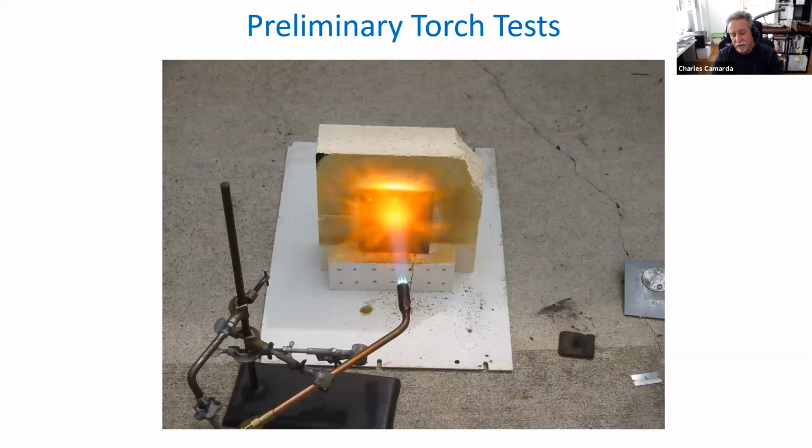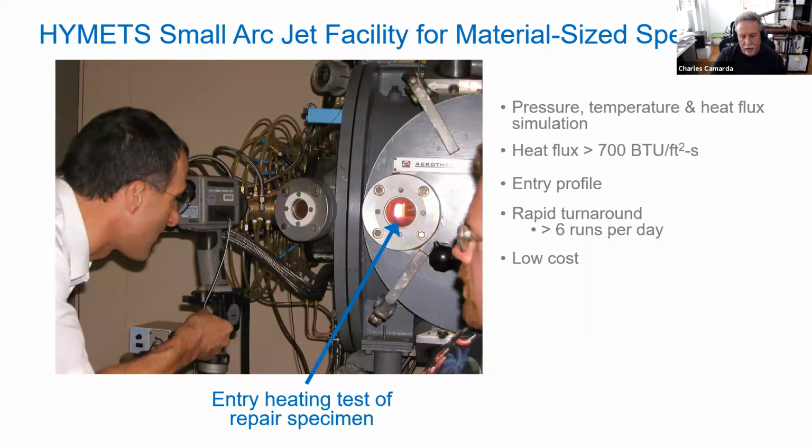We tested it using an acetylene torch, and we had an IR camera, so we knew what temperatures we were testing to. Okay, then we stepped up that idea to better simulate what the actual flow environment would be. This is called an arc jet facility, but it's a very small arc jet facility, so we could test small samples that you see here under flow conditions.